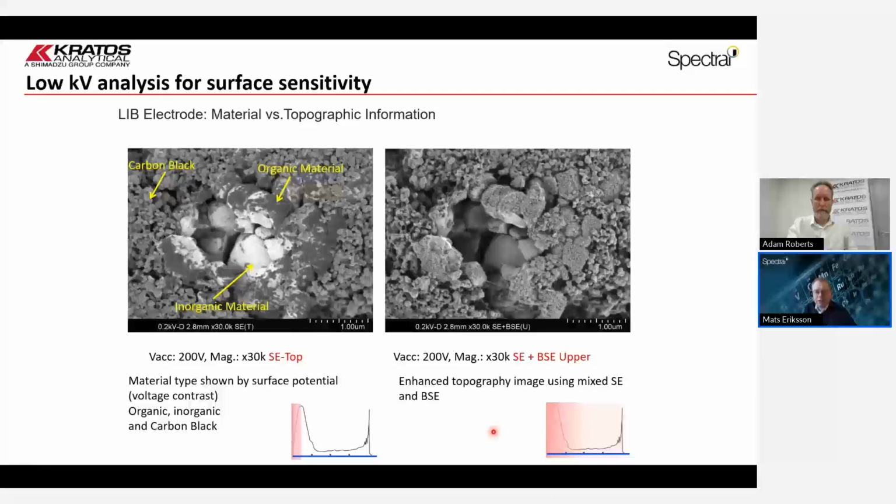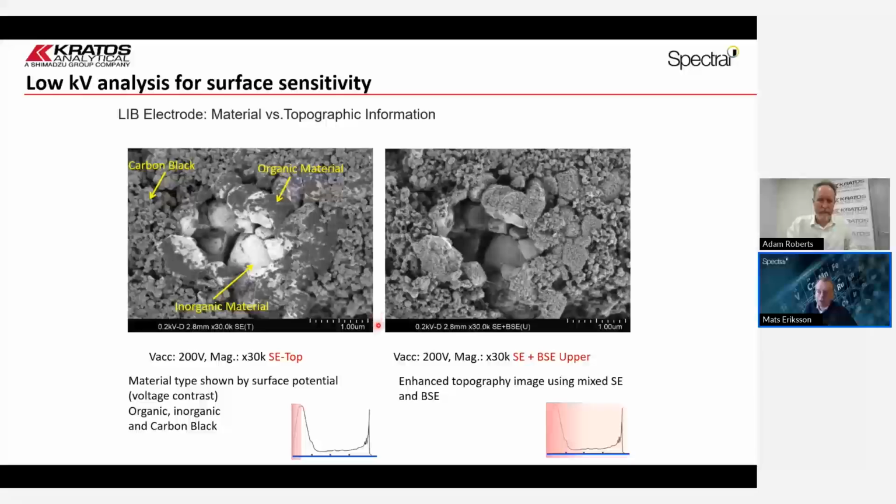The image on the left shows there is variation on the top surface. In the SEM, I don't know what that is. I can see a contrast, but I don't know why it is there. Is it because of atomic number? It could also be, like it's mentioned in the text, because of variation in surface potential.